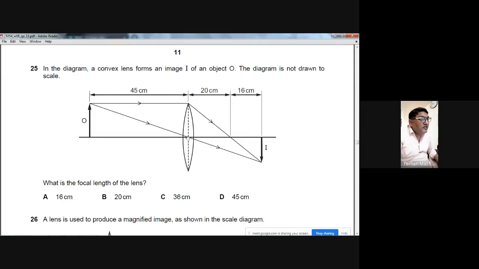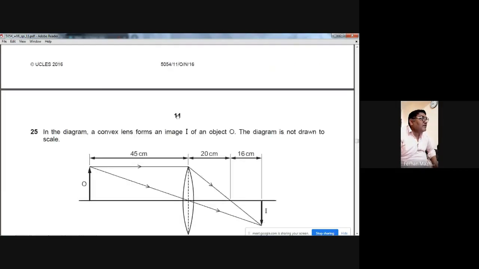The horizontal distance between the optical center of the lens and that principal focus is known as the focal length, and that length here is 20 centimeters. So for the 25th, the answer is 20 centimeters. So the choice will be B.